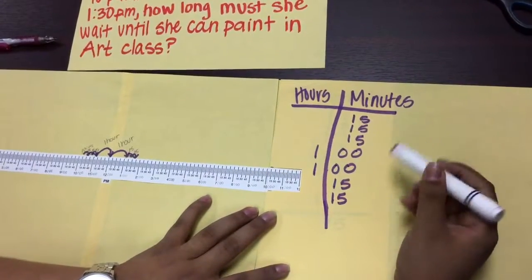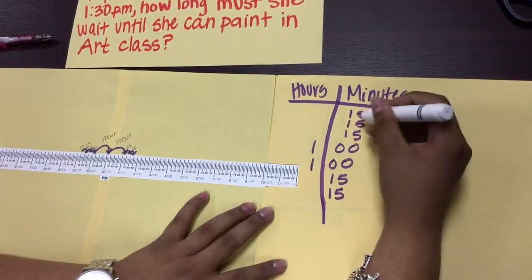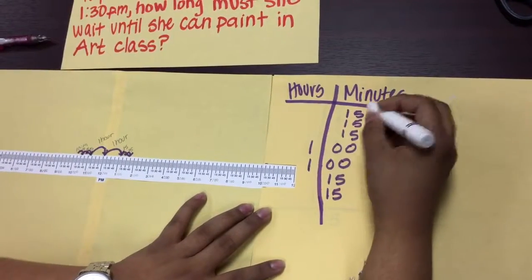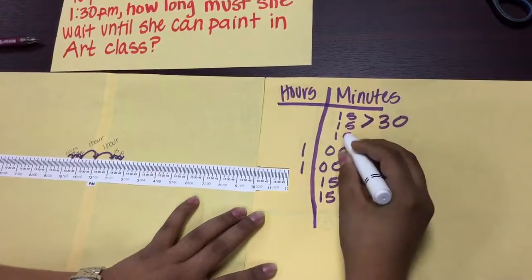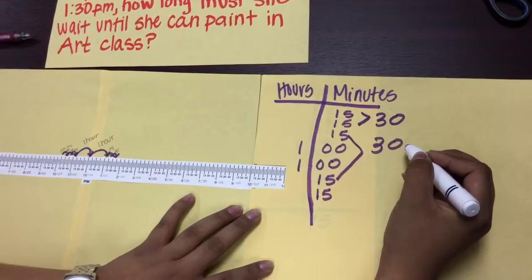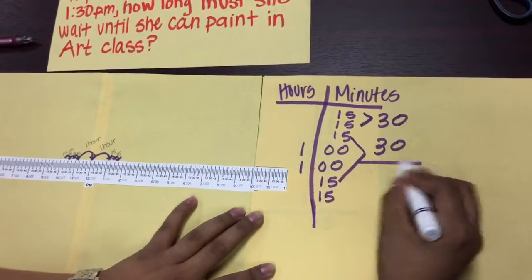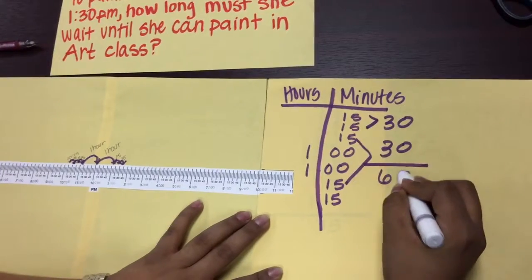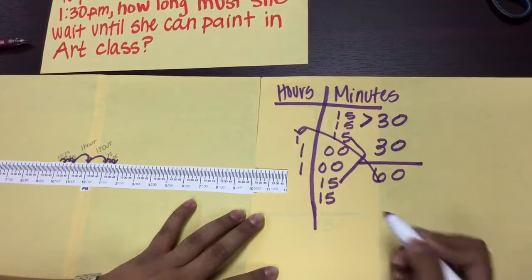So considering that in mind, I can have 4 15s, because 2 15s will make 30, and 2 more 15s will make 30. Remember, our goal is to always make 60 first. When I have 60, I know that this is going to be 1 hour.